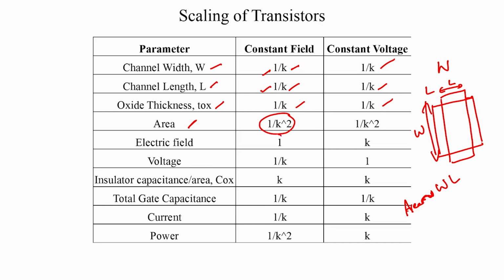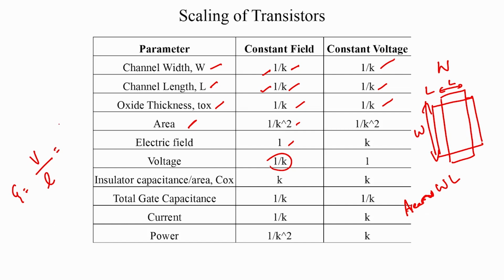And the electric field, in constant field scaling, is not supposed to change, that is the whole idea. So, that does not scale and remains constant at 1. If you want to keep the electric field constant, you have to reduce your voltage, and the electric field is essentially the voltage divided by the lengths.